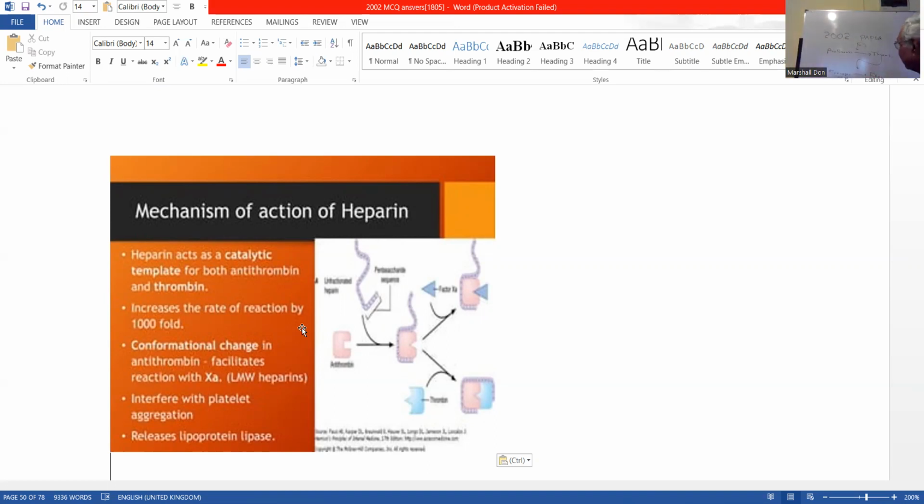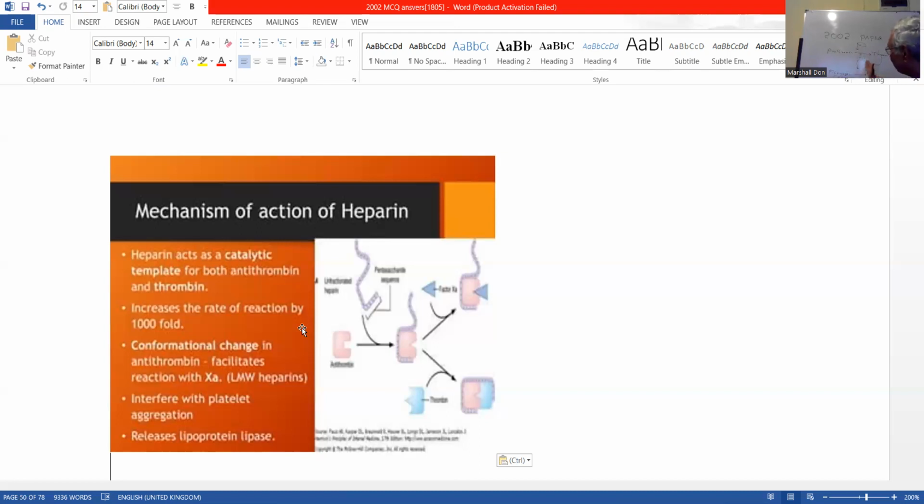Under normal situations, this change of prothrombin into thrombin is blocked by an enzyme. Here, this reaction is blocked by antithrombin AT3, antithrombin 3. Antithrombin 3 prevents the change of prothrombin to thrombin. Heparin, what does it mean? This antithrombin action is increased by 1,000 times by heparin.